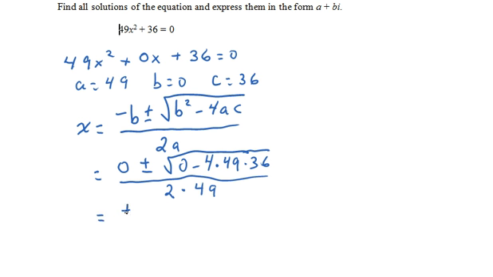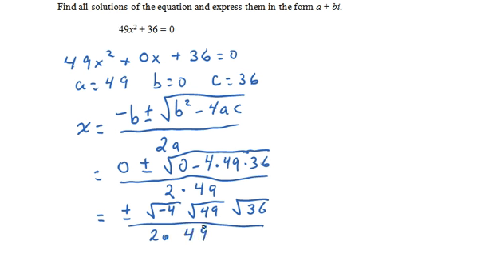This gives us plus or minus the square root of negative 4 times the square root of 49 times the square root of 36, all over 2 times 49, which in turn gives us plus or minus 2i times 7 times 6 over 2 times 49.